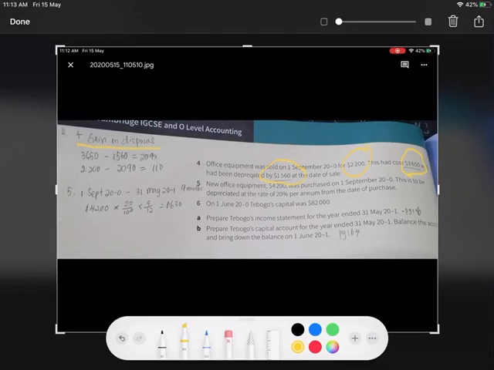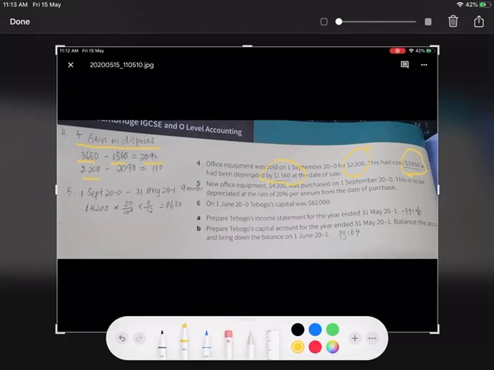So you use the cost minus the depreciation of the office equipment, 1,560. Then we find the net book value, 2,090. This is the net book value. How do we use it to get the gain on disposal?